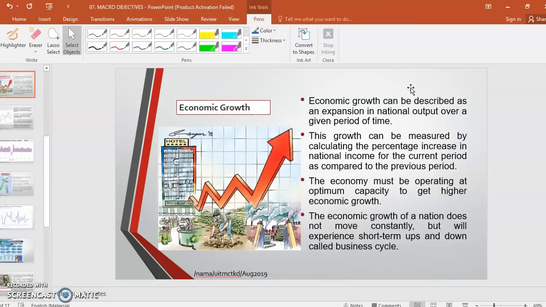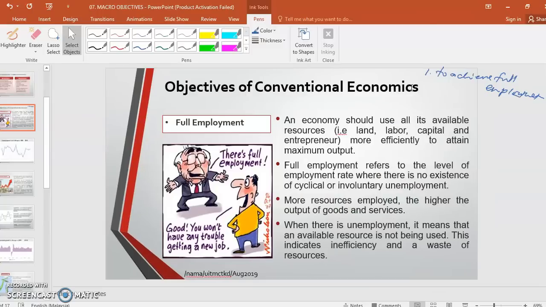First, we go to achieve full employment. What is meant by full employment? Actually, full employment does not mean that there is no unemployment or jobless people in the economy. Full employment refers to when the economy uses all its available resources, when all the resources are fully utilized to attain maximum output.